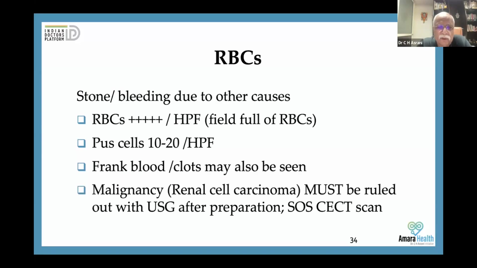Malignancy must be ruled out with ultrasound after preparation because we don't want the ultrasound going to waste because of gas, SOS, contrast in a CT scan. This is one cancer which is easily curable because it never goes silent. Symptoms are frank hematuria, and if diagnosed, one kidney can be removed and the patient virtually recovers.